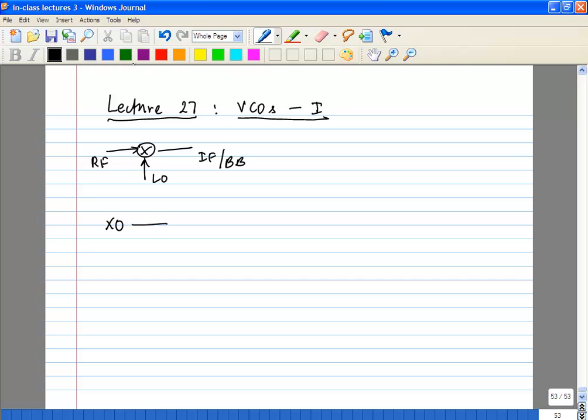So you have a good reference which is a crystal oscillator. You have a PFD, a charge pump, a loop filter, and then the oscillator which produces the LO output, or some multiple, or maybe even a subharmonic of the LO.